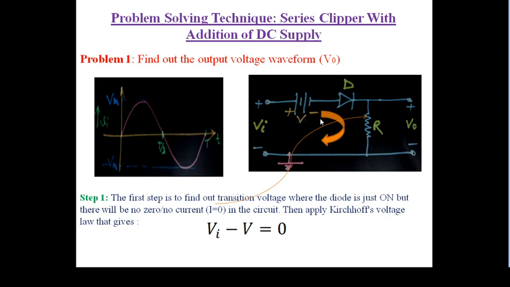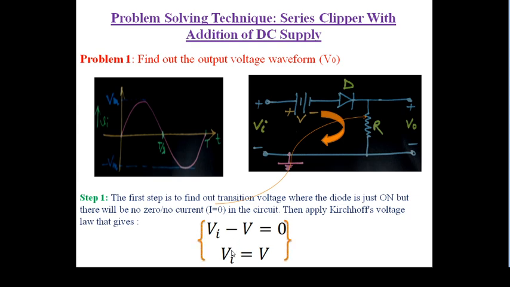Just Vi minus V equals 0. We are not saying that there is a current, because there is no current during the time of transition when the diode is just on, but there is no current in the circuit. So that gives the voltage where the diode is just on, that is our Vi equals V.